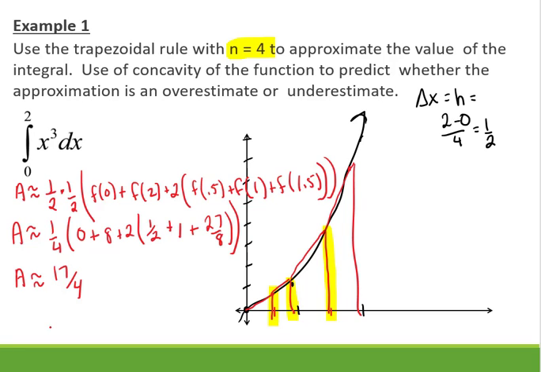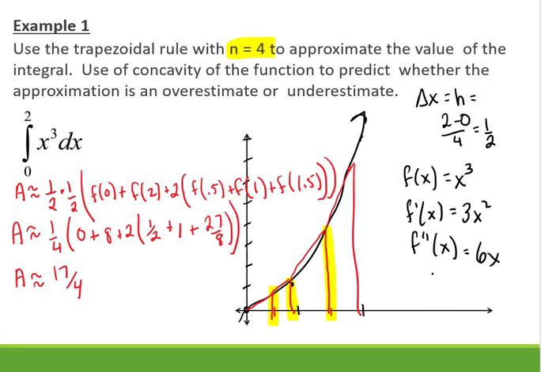And then they need us to find the approximation, whether it's an overestimate or an underestimate. So remember, that deals with concavity. So if my function is x to the third, remember concavity deals with the second derivative, and on the interval 0 to 2, f double prime of x is greater than 0, which means I'm concave up.